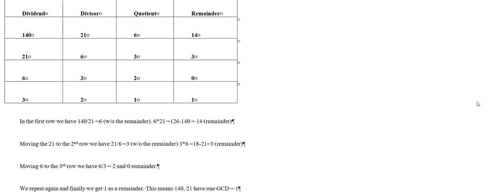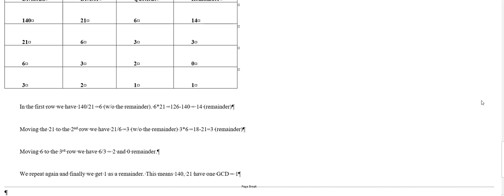Moving the 21 from the first row down to the second row, we have 21 divided by 14, which equals 1, with a remainder of 7. We move the 14 down to the third row. We have 14 divided by 7, which equals 2, and 0 is the remainder.